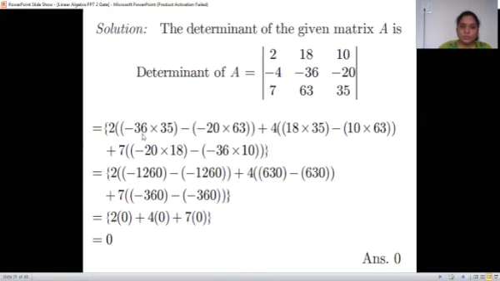So 2 into -36 minus, for such multiplications, if we do not have a calculator, we have seen such multiplications in aptitude. How to multiply two numbers? It's very easy. 6, 5, 30, 3 will be up.